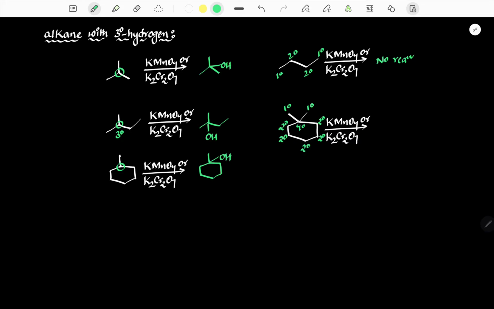So there is no tertiary carbon, that's why there is no reaction. Therefore, alkanes with tertiary hydrogens only react with KMnO4 or K2Cr2O7 and finally give the corresponding tertiary alcohols.